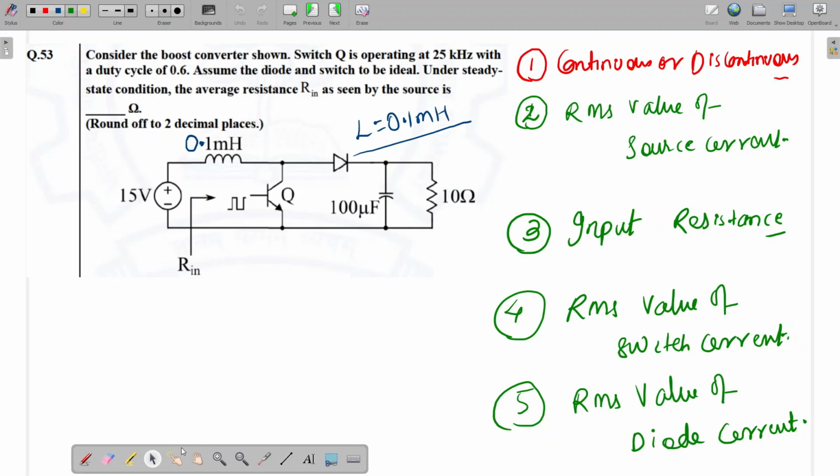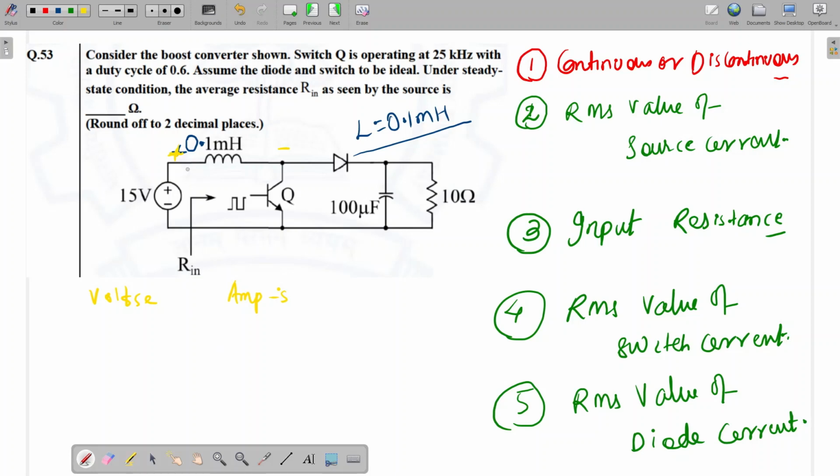So, boost converter. See, this is the inductor. In any DC-DC converter, we apply volt-second balance and ampere-second balance. Volt-second balance means the average voltage across any inductor will be zero, and the average current in a capacitor will be zero.